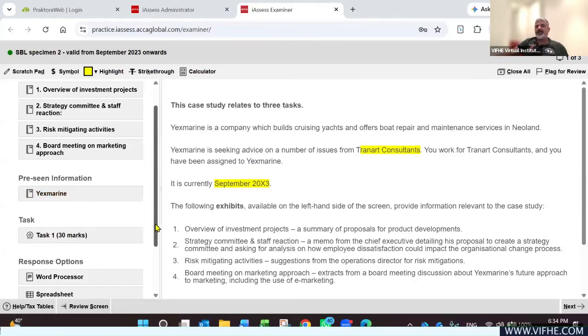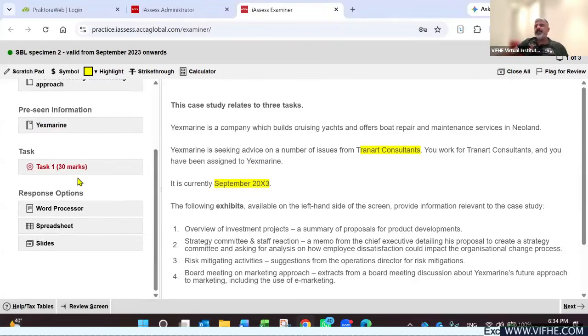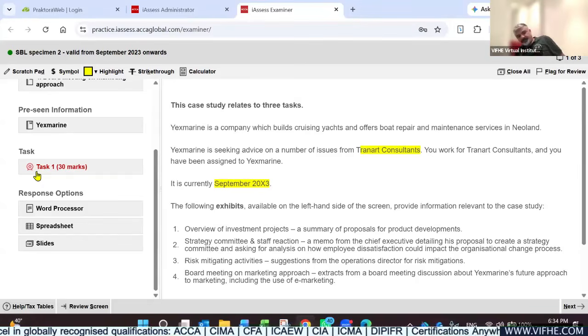Now, where are the tasks? The last, here you will see the tasks. Task number one, 30 marks. So where is task number two? I can see just one task here.